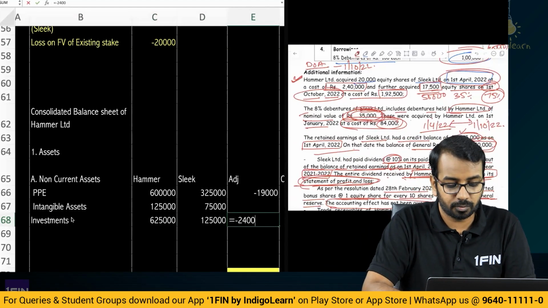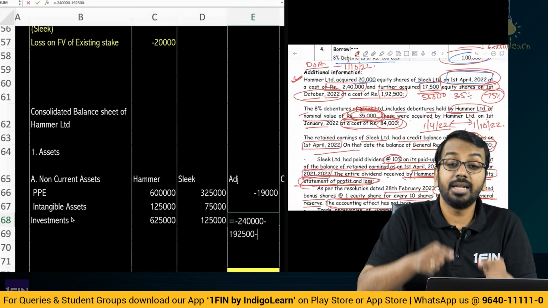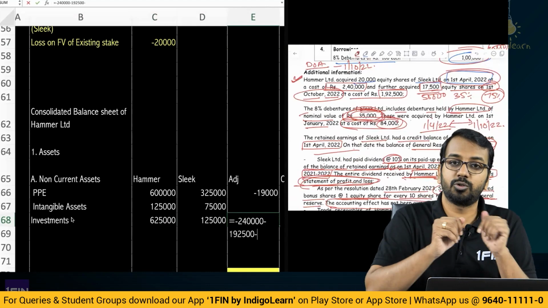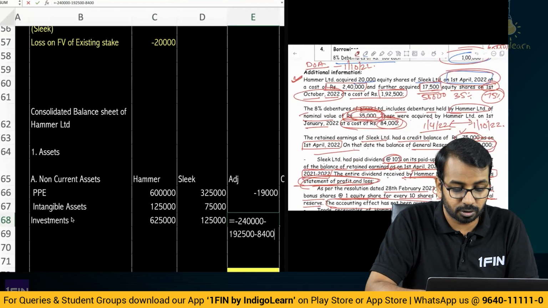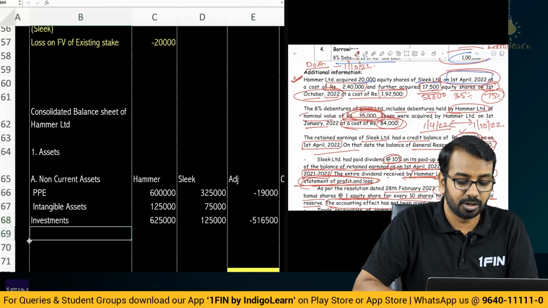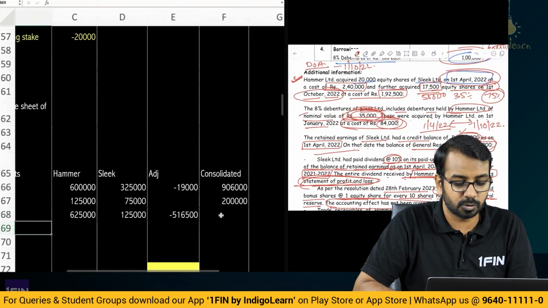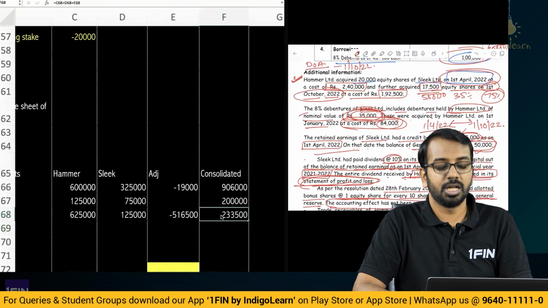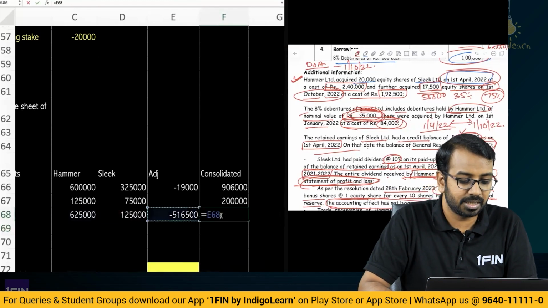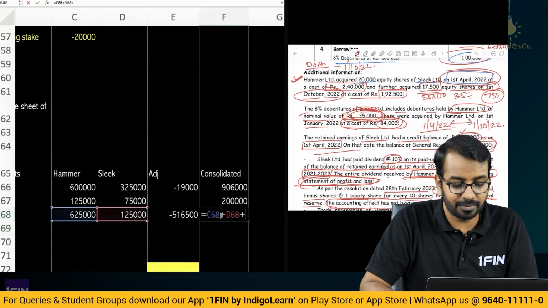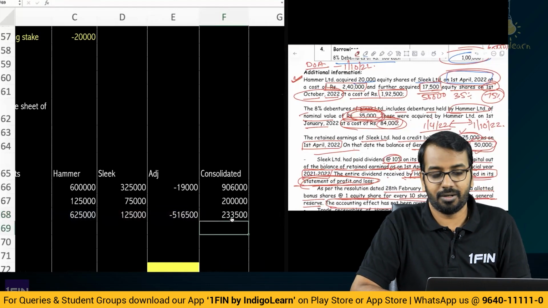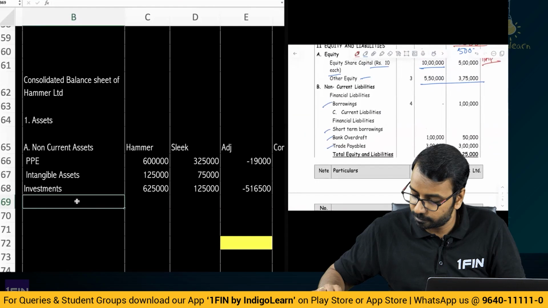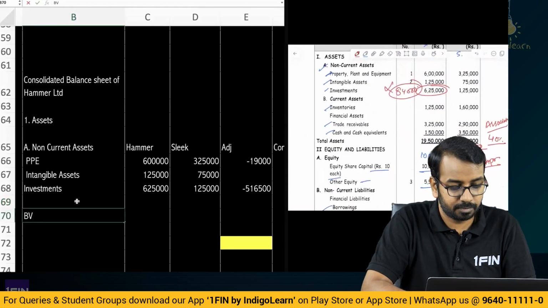Then there is an investment in debentures, that also would have been shown here, at a cost of 84,000. We have to make an adjustment here. So 5,16,500 is the total adjustment. The net amount that will be shown is 2,33,500, that is 625 plus 125 minus 5,16,500.